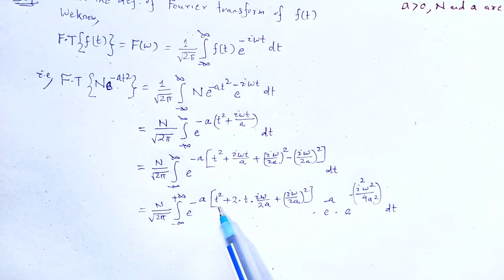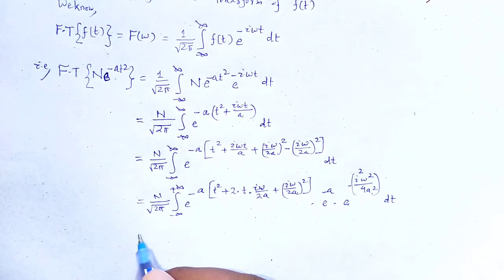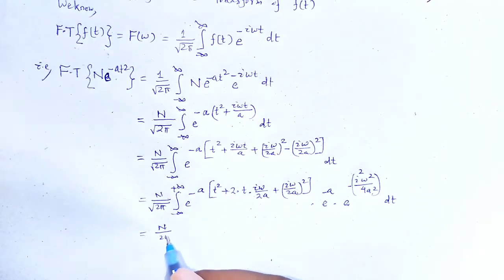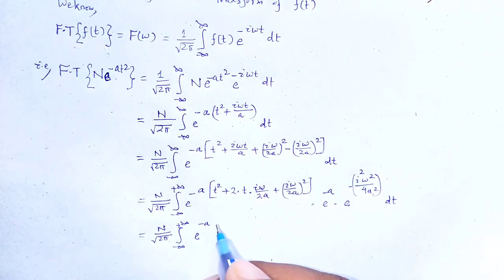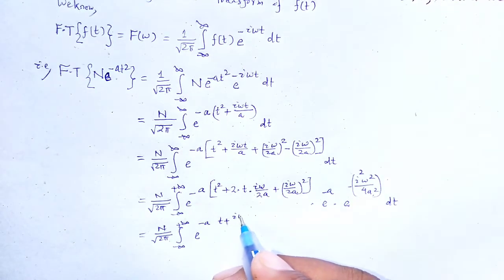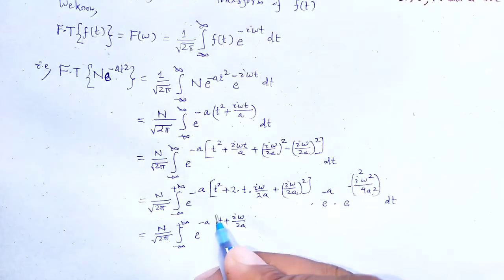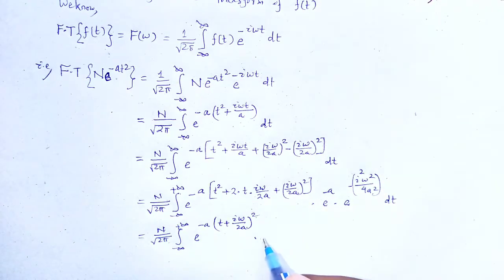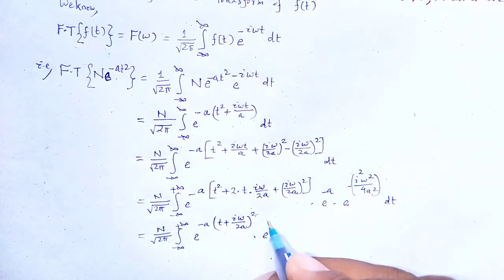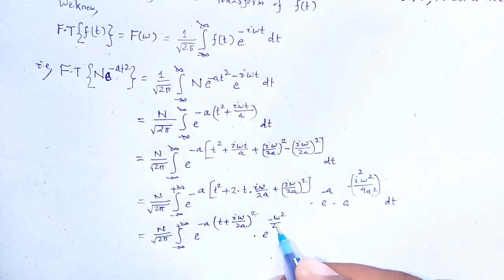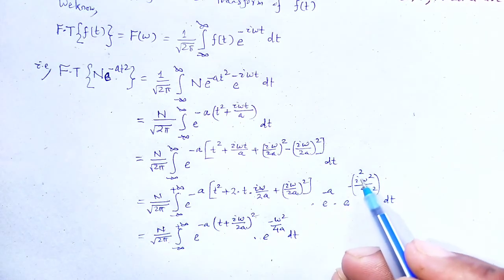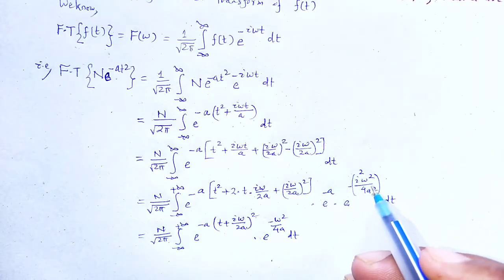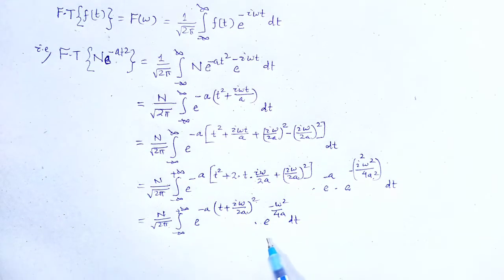Here we can use a plus b whole square formula, that is equal to n by under root of 2 pi integration over minus infinity to plus infinity e to the power minus a t plus I omega divided by 2a whole square into e to the power minus omega square divided by 4a dt, e to the power minus a into e to the power something, I square is equal to minus 1, minus minus plus, 1a cancel out.